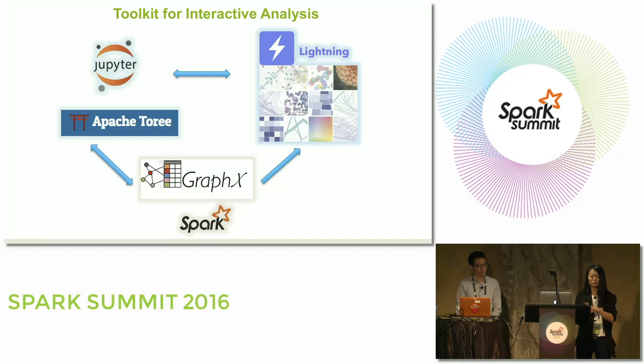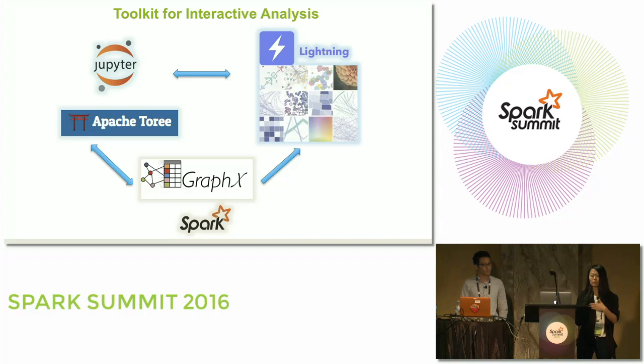So just very quickly, this is a stack that allows us to run such an interactive analysis with both GraphX and visualization. Simply, the data runs from HDFS to Spark, and data will be loaded into a graph structure, so GraphX can run on them.